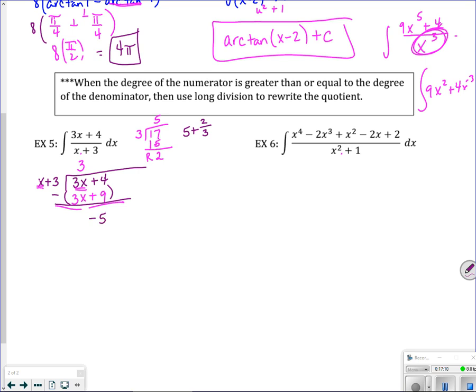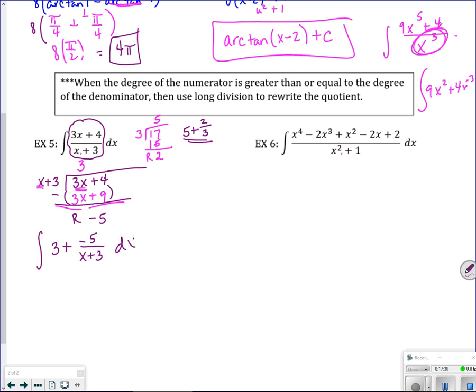Now, what is this negative 5? That's the remainder, correct? But let's write that the same way I did up here. The long division doesn't do the integrating, it rewrites your quotient. So this would be 3 plus a negative 5. Now granted, you could write minus. 3 plus a negative 5 over x plus 3.